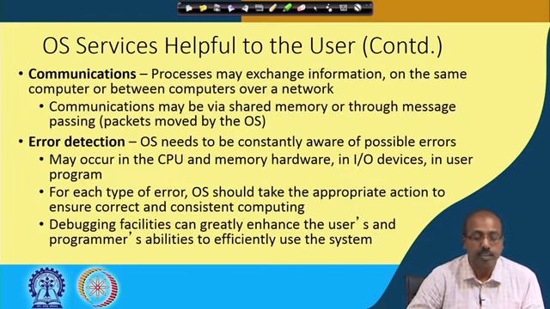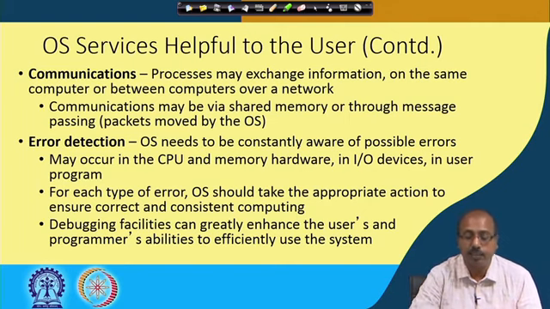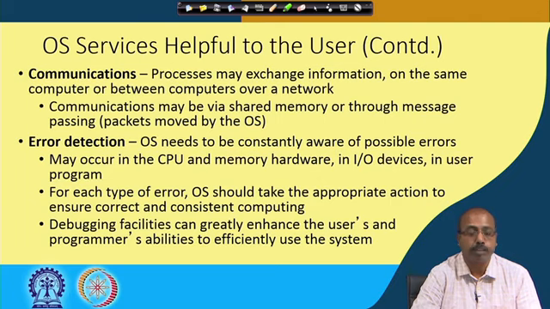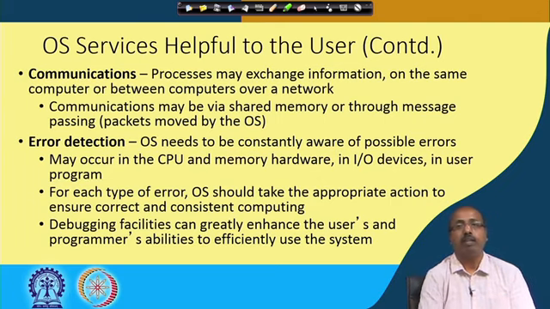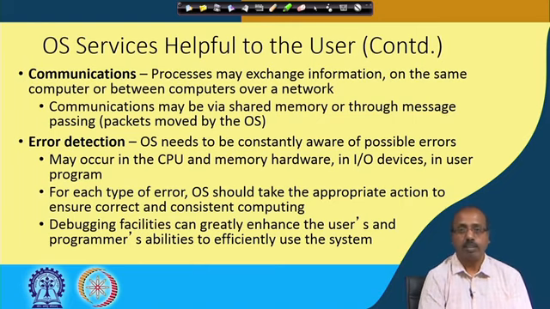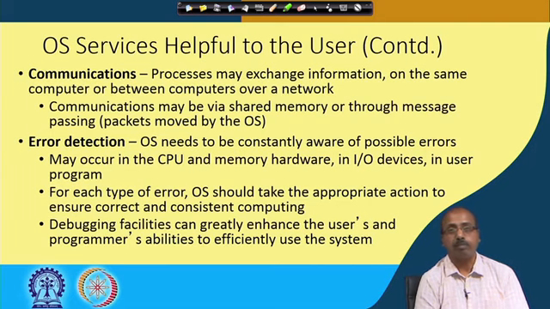Then communications. Processes may exchange information on the same computer or between computers over a network. This is another fundamental facility that must be provided to the processes or the users of the system. As a user, I may be developing a program, but that program is not a standalone one. It may need to talk to other programs in the system.